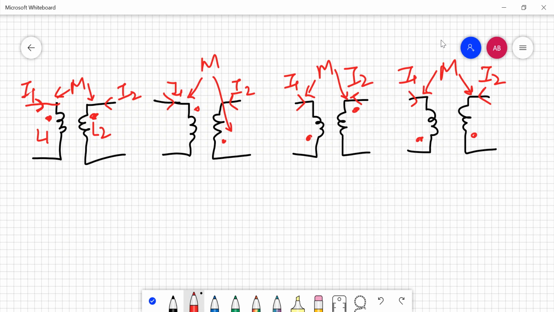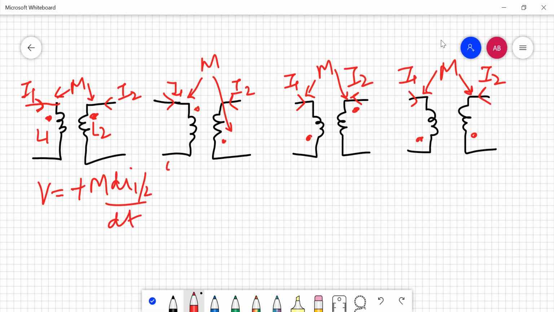So that indicates that the voltage that will be developed here will be taken as positive. So here the voltage developed will be plus M d(i1 or i2) by dt. It will be positive in both the cases.